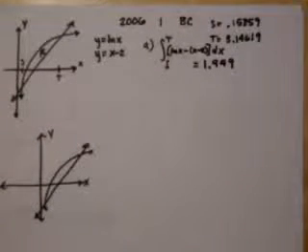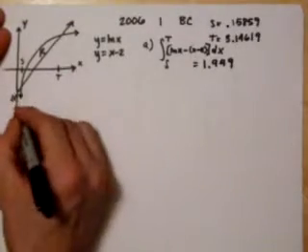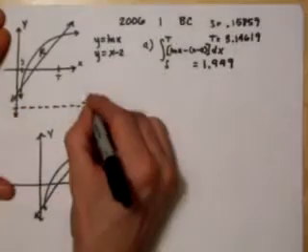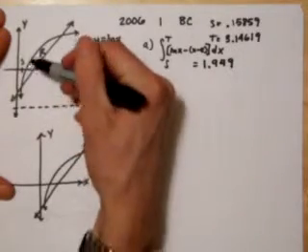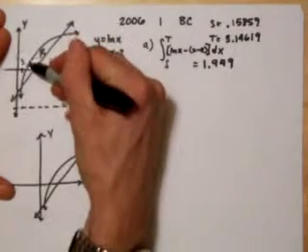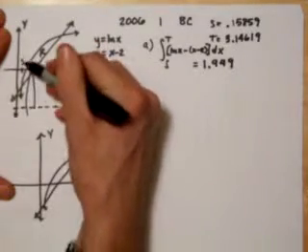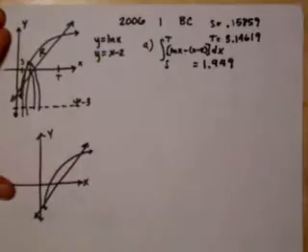B says to find the volume of the solid generated when R is rotated around the horizontal line y equals -3. Now I can't show this because I have some stuff in the way here, but essentially what you're working with here is you're taking this region, rotating it, and you're going to get washers.